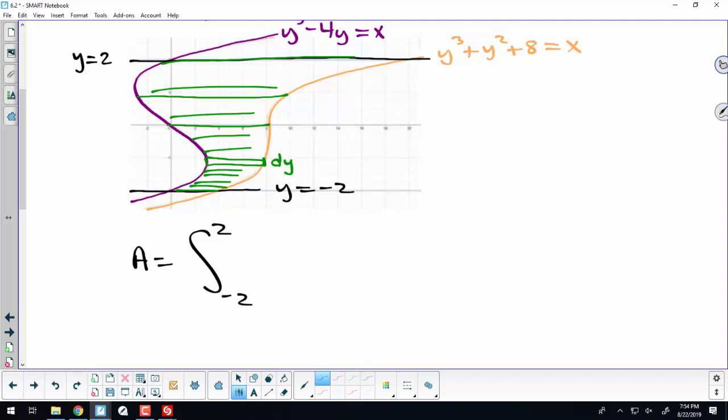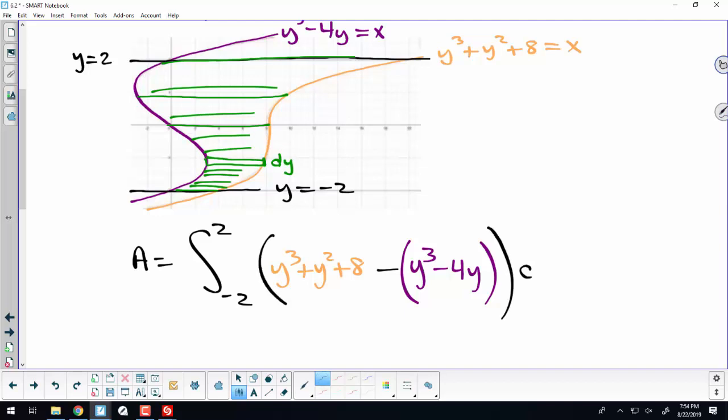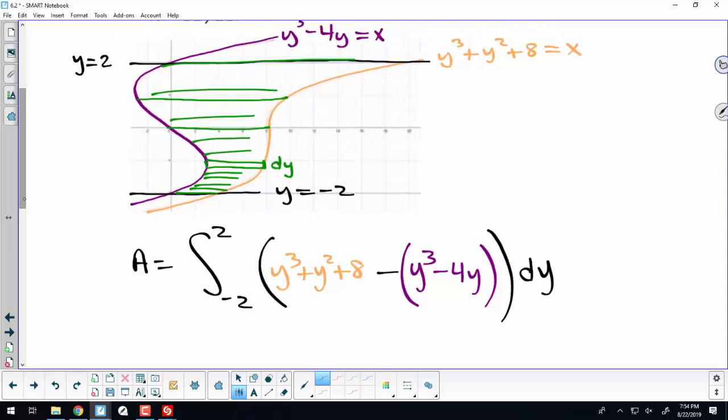And it's the right function minus the left function in terms of y. So don't forget to subtract off the entire function. Don't just subtract off one part of it. So that's the setup for the area of this region.